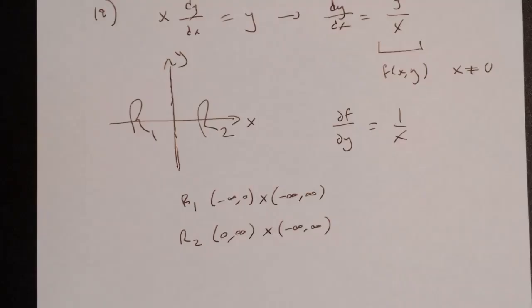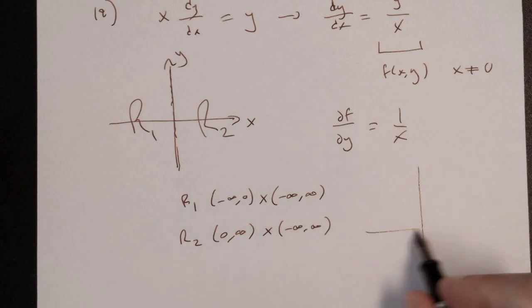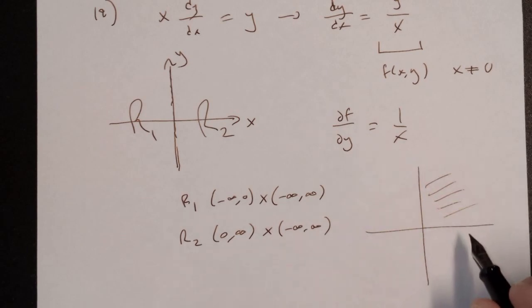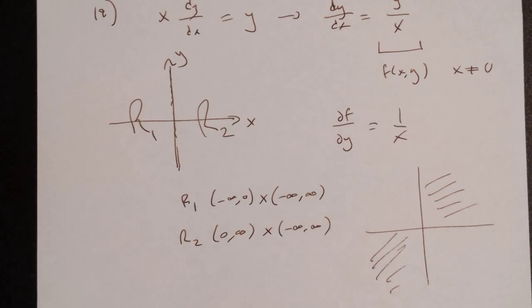So I think about it just in terms of the picture. What is the region you're trying to describe? In that problem, x times y has to be greater than 0. And where is that? That's either up here or down here.